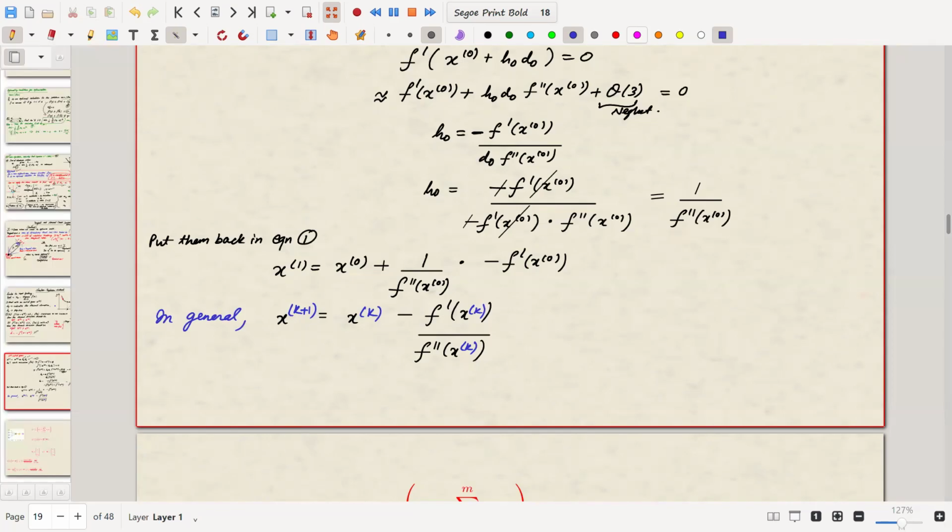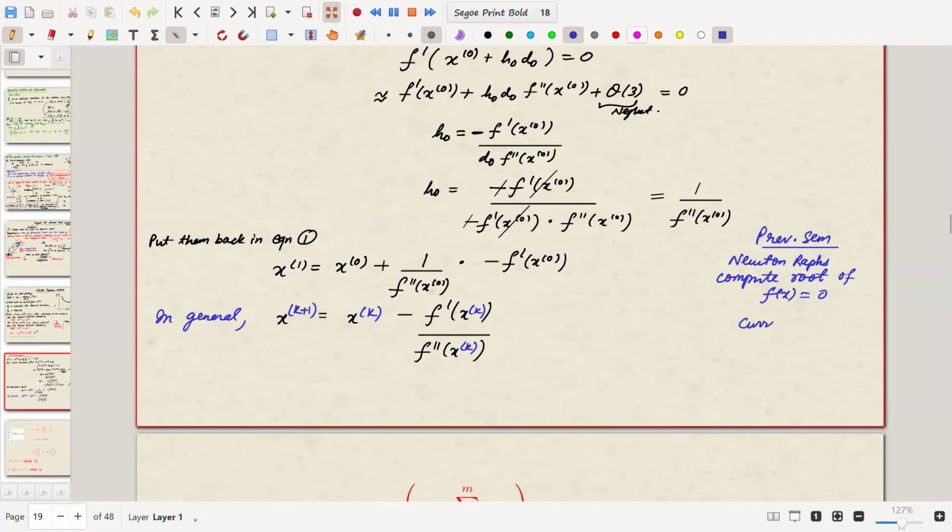Yes. Previously you did Newton-Raphson to compute the root of f of x equal to 0.